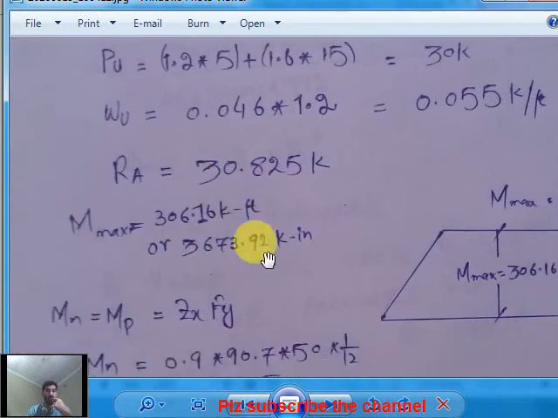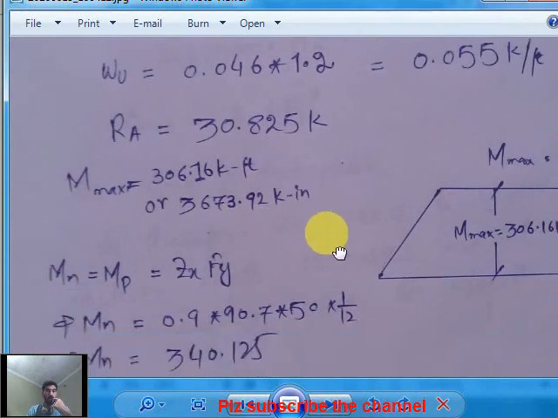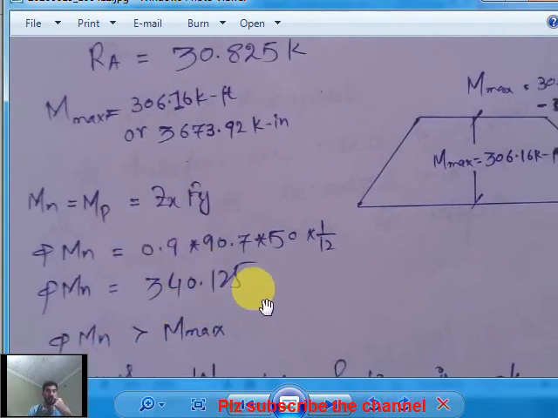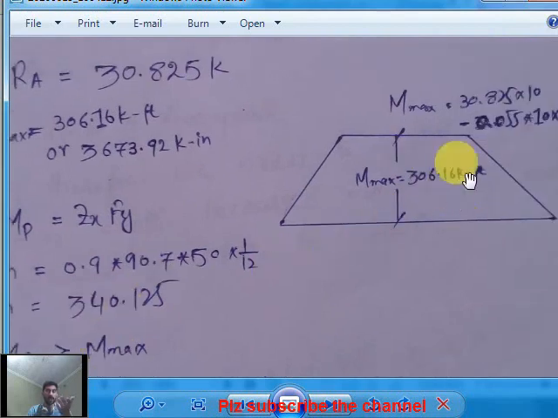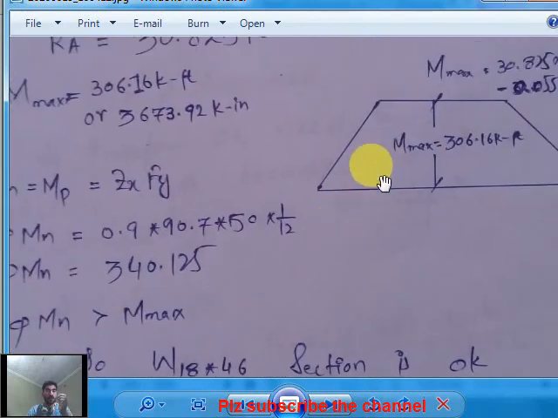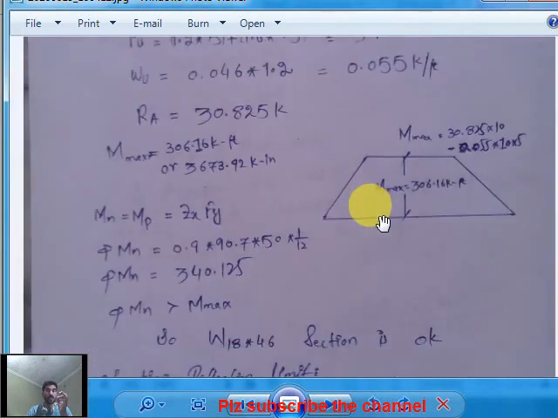Convert it into kip-inch, then find your Zx again. Now find your moment capacity, and that is 340, and congratulations, your moment capacity is more than the acting load. So that's why our section W18x46 is capable for this amount of moment.